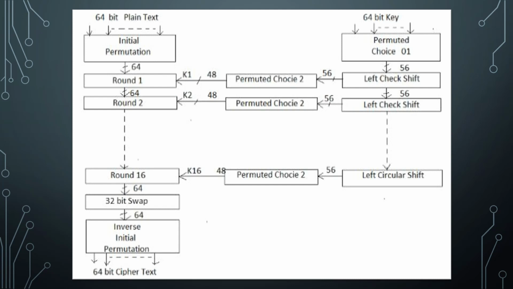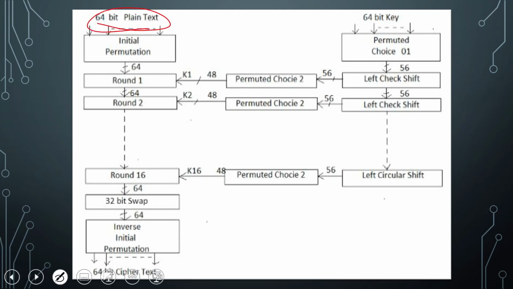Whenever the permuted choice or expansion permutation or S-box operations are done, we have to do this calculation. For permuted choice, we have to subtract 8 bits from the existing bits, and for expansion permutation we have to add 16 bits to the existing one, and for S-box we have to subtract 16 bits from the existing. So these are the points we have to remember for the operations we do in this algorithm.